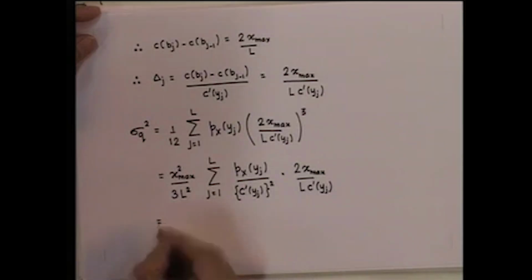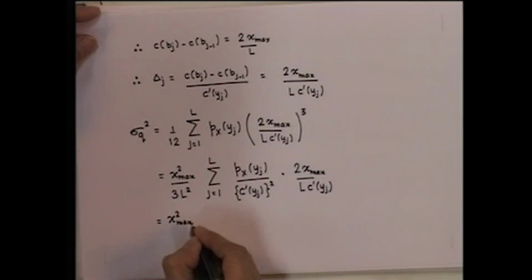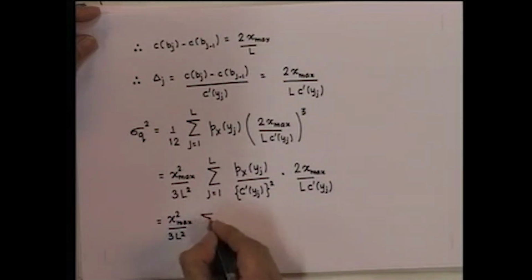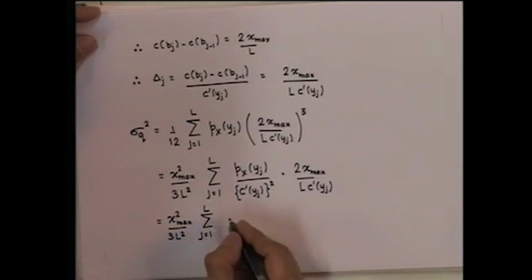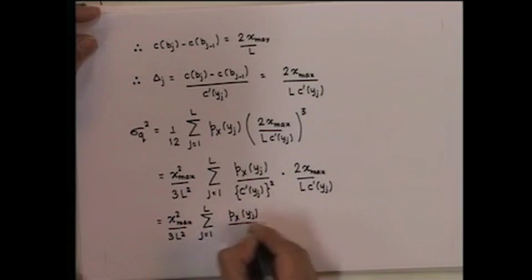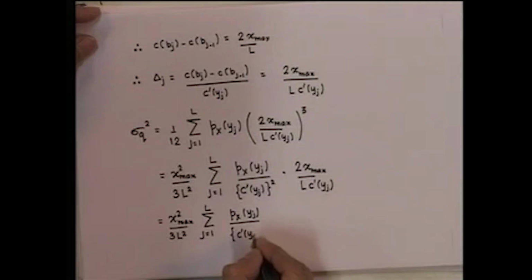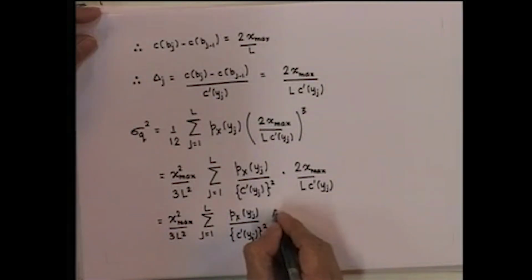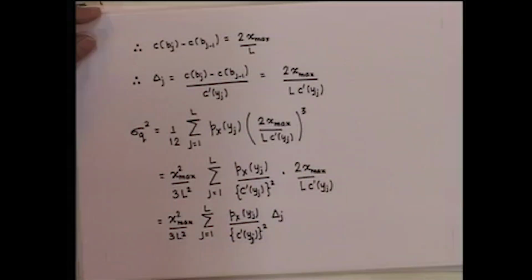and again simplified as x squared max upon 3 L squared, summation over j equal to 1 to L, p x y j times delta j, is equal to this quantity.